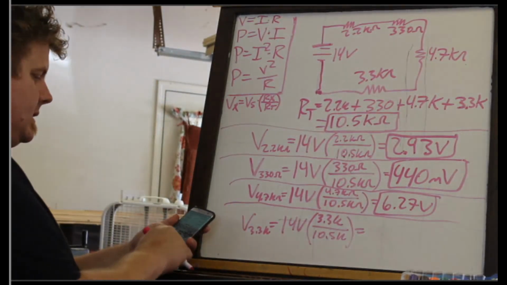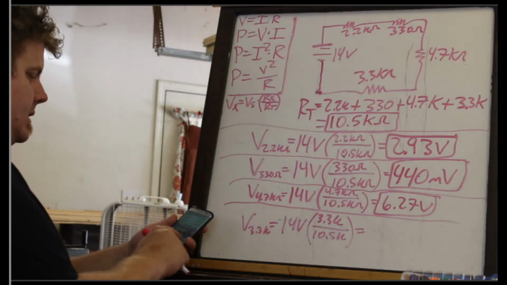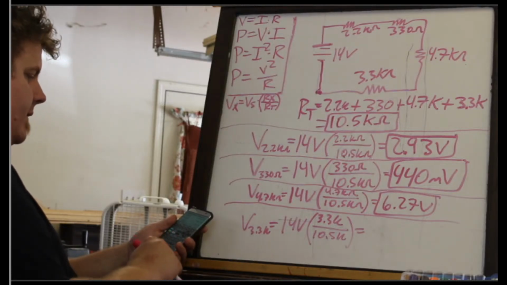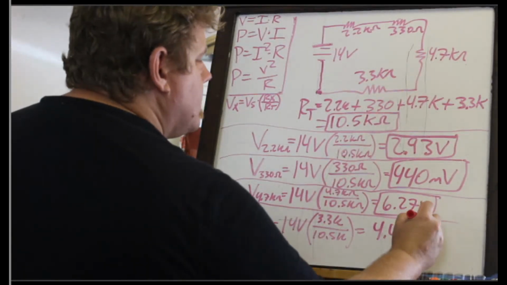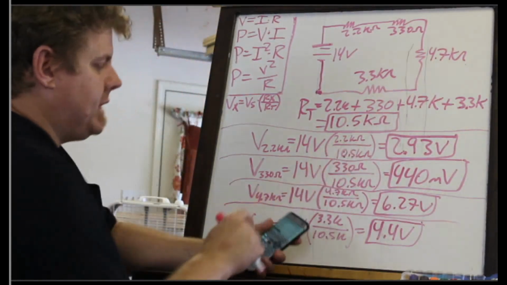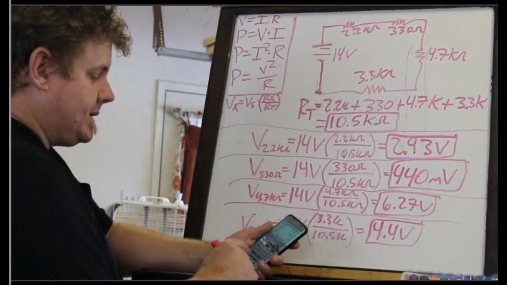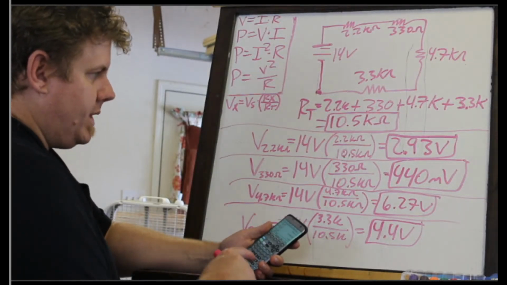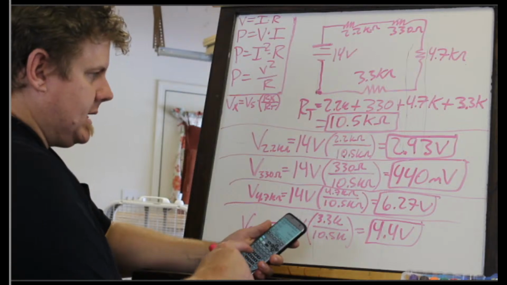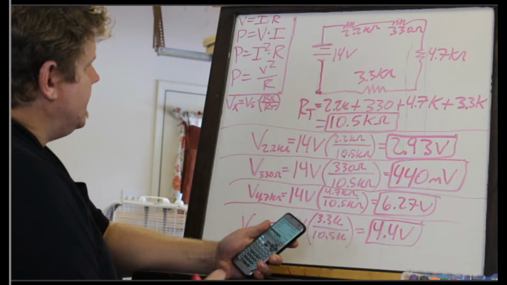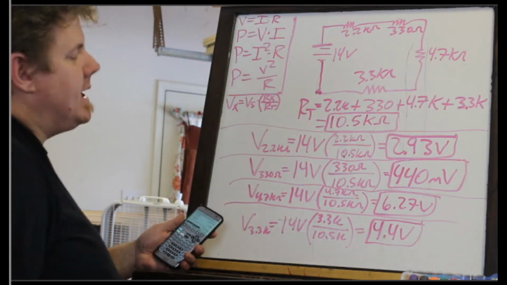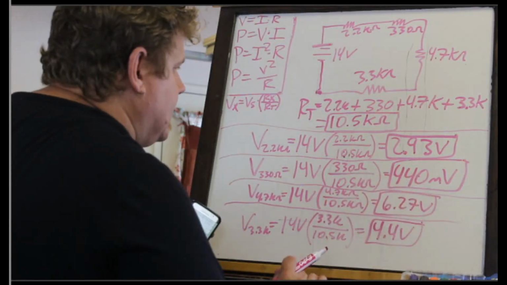So 14 times 3.3 divided by 10.5, and I get 4.4 volts. Now my check, 2.93 plus 0.44 plus 6.27 plus 4.4. And that gives me 14.04 volts. If I round that down to three significant figures, it gives me 14.0.